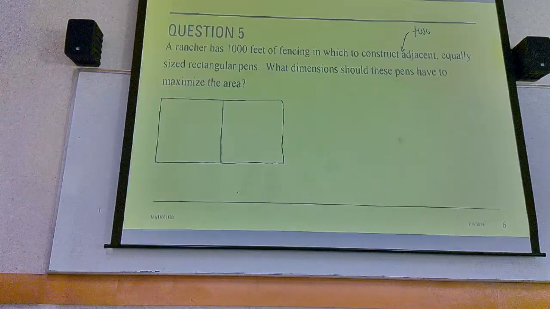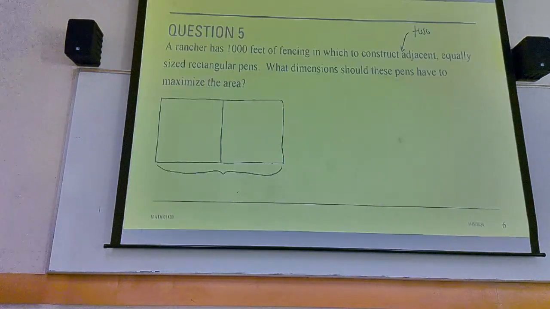First, what are you trying to find the maximum of? That's the maximum of the area. That would work, but you have to do one additional step at the end.